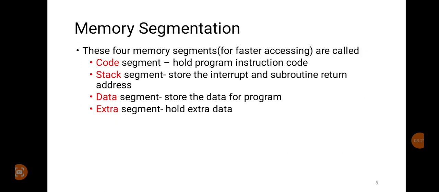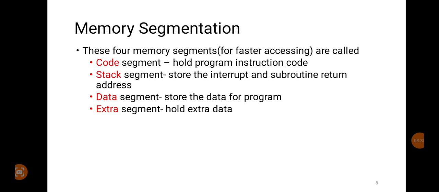In the memory segment, there are 4 kinds of memory segment. Code segment, where all instructions are stored. Stack segment: when a subroutine program is called, the current or main program address can be stored there.